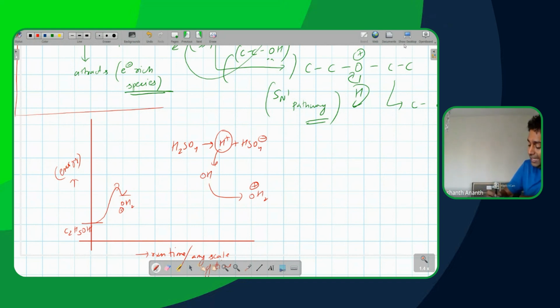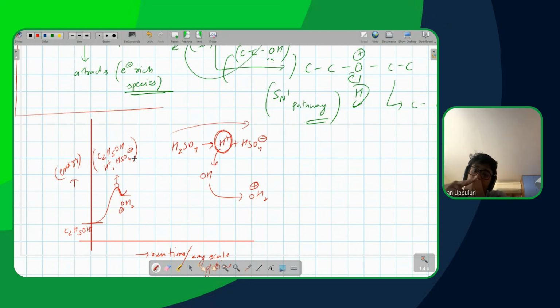So the instant when this breakage is happening, that is this part. The uncombined H plus then combines with the OH and it ends up coming here. So you can think of this level as a mixture of C2H5OH, H plus and HSO4 minus, all together at that same instant.